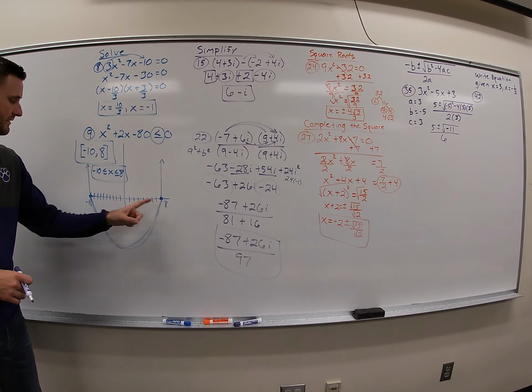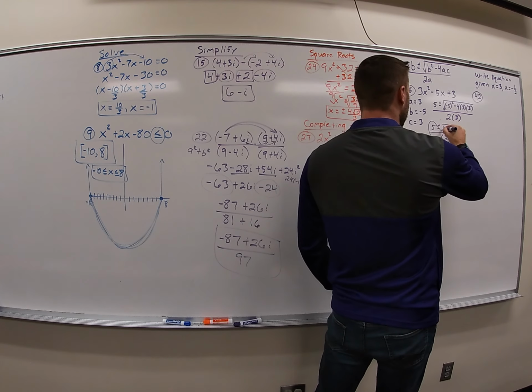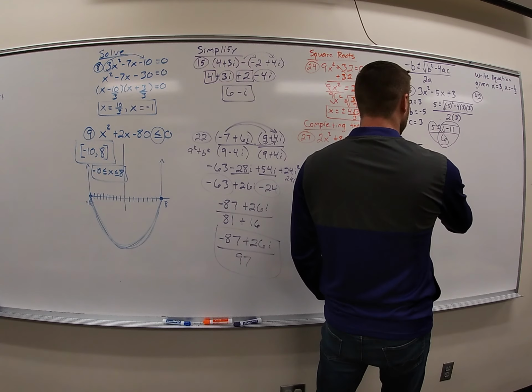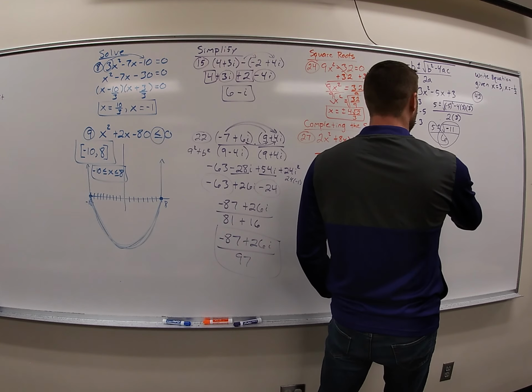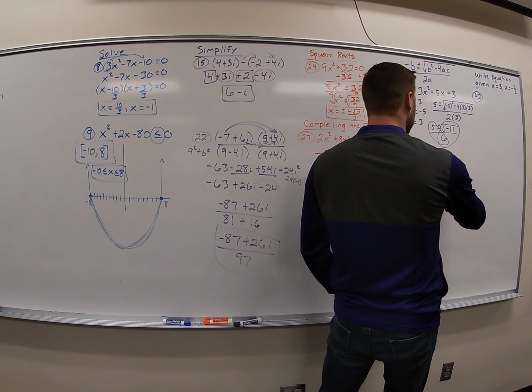So here, our discriminant is a negative 11, meaning we have 2 imaginary solutions, so no real solutions. And we can leave it like this, but I do want you to get used to writing this as 2 separate fractions. So we're going to say 5 over 6 plus or minus, because of that negative under the radical, I'm going to take an i out and bring it in front.